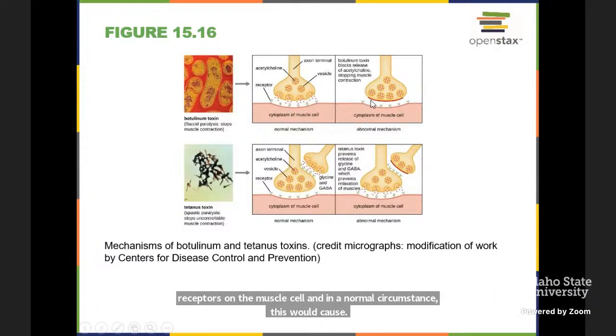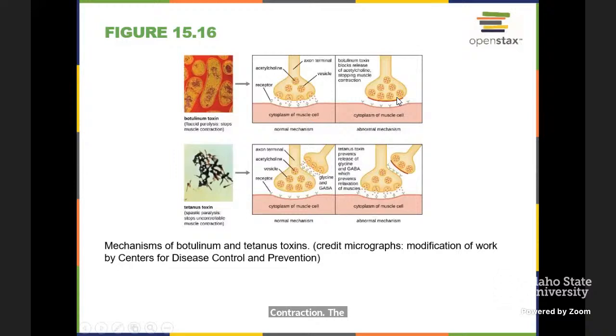The botulinum toxin makes it so that the acetylcholine isn't being released, and with that, the muscles don't contract, all right? Stopping it. And the opposite down below, like I said, although it's different actions, but it's an opposite as far as what's truly happening.